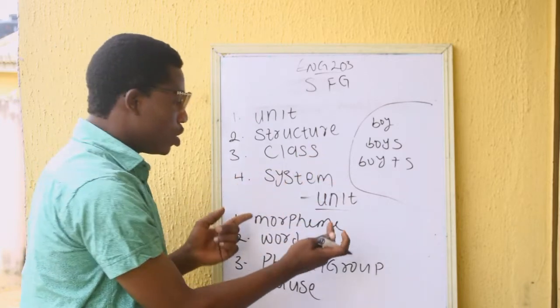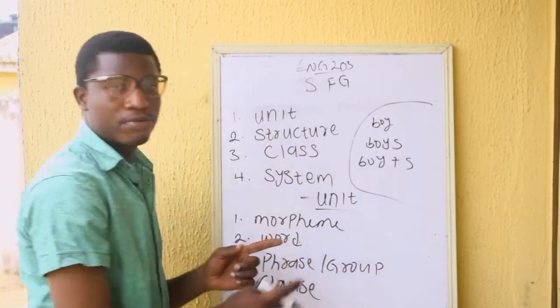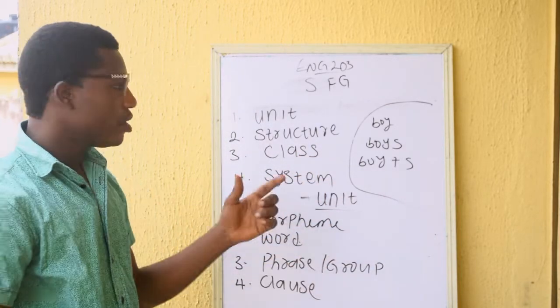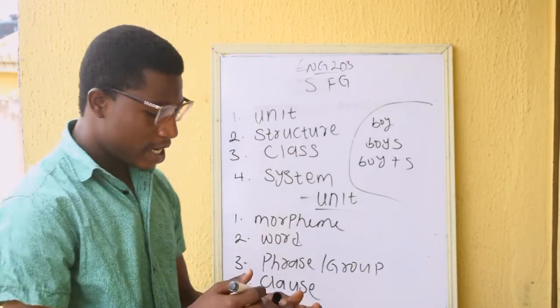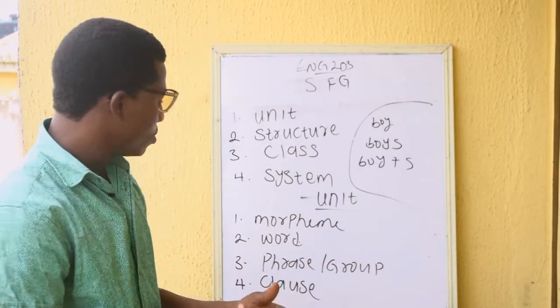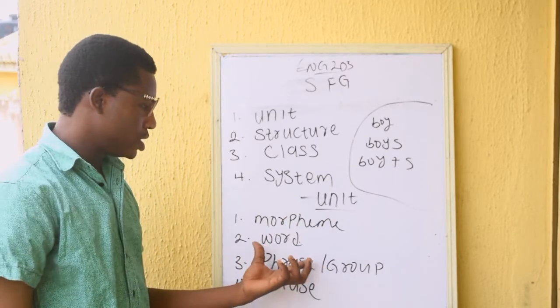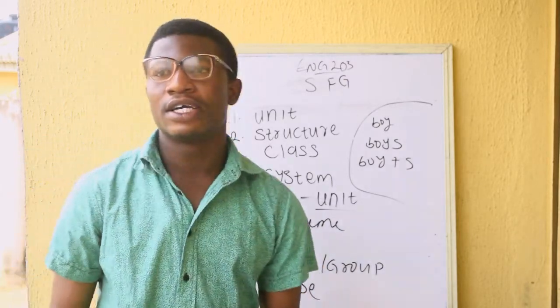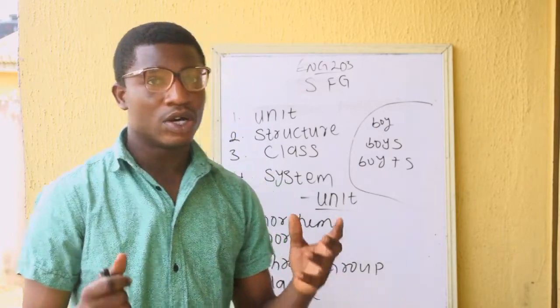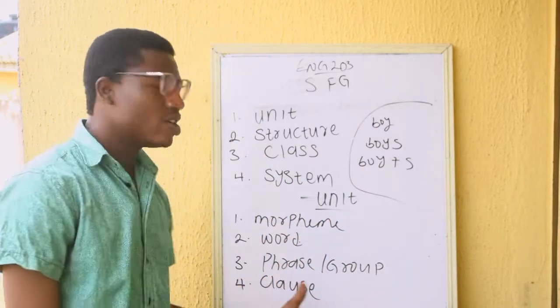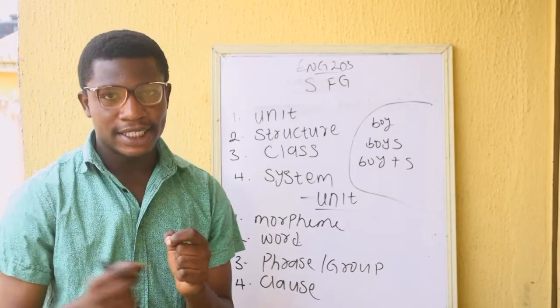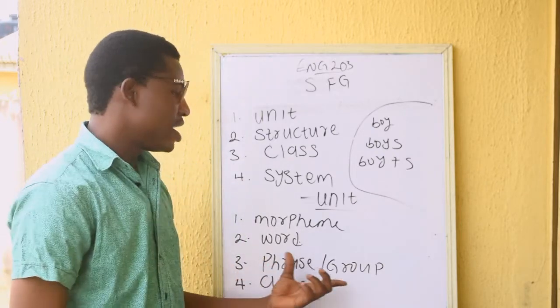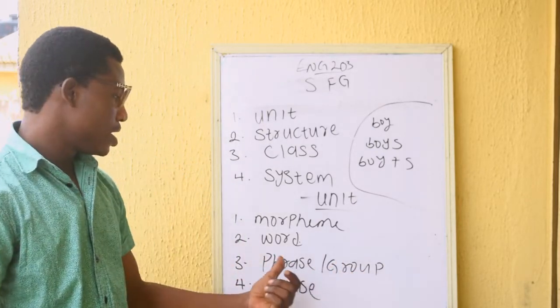No. So one or more morphemes make up a word. So that's under morpheme and word. Now, what is a phrase? A phrase is just a short statement that doesn't have a complete meaning. It doesn't have a finite verb. Any statement that does not have a finite verb is a phrase.